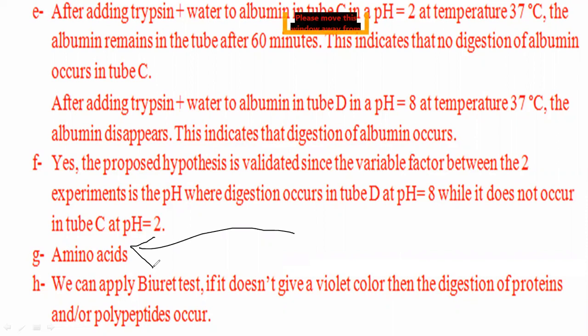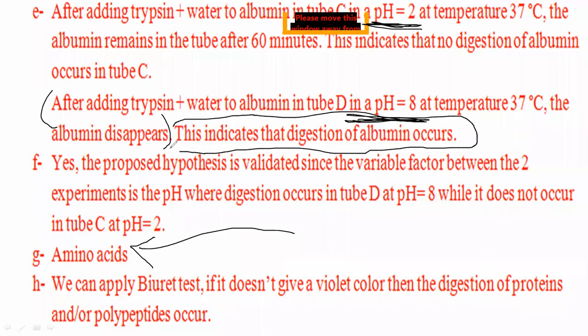If we have violet color, it means that the proteins and or polypeptides are still present in the tube. Pay attention to put the variable factor in the analysis. If you didn't put the variable factor, you won't get the full mark. For interpret, this is the analysis, and this is the indication. So pay attention to this.